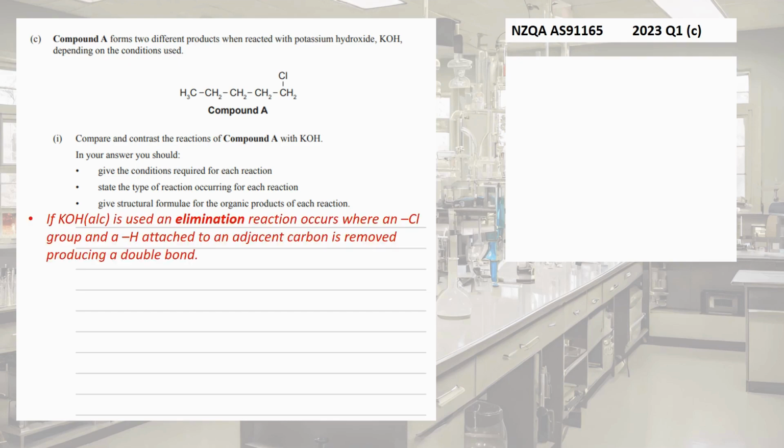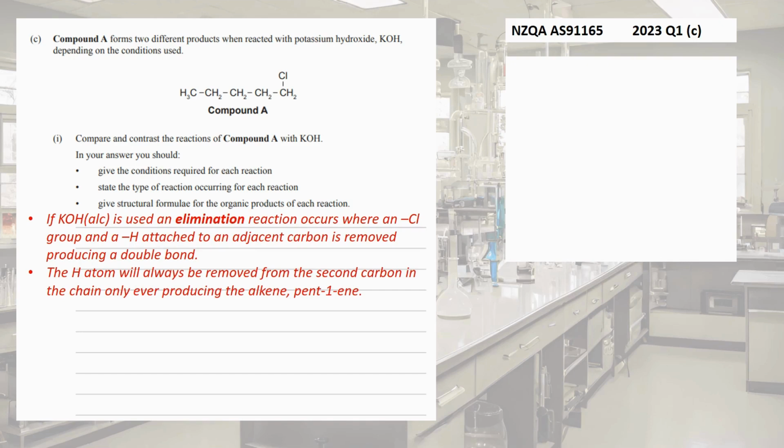So we go through similar as we did to the other question. KOH alcohol is an elimination reaction where the Cl and an adjacent hydrogen is removed to make a double bond. We will say in this question, because it's at the end, there is only one option, one answer here, because we only ever remove the hydrogen off the second carbon because it has to be adjacent. Produces an alkene, pent-1-ene.